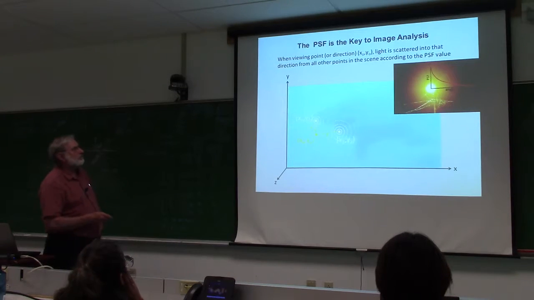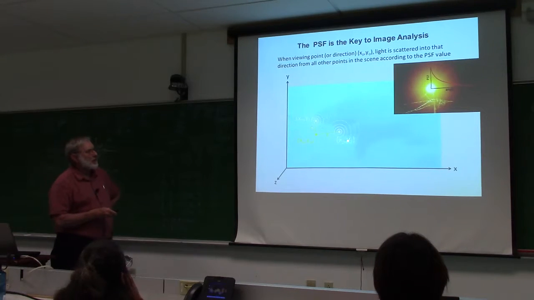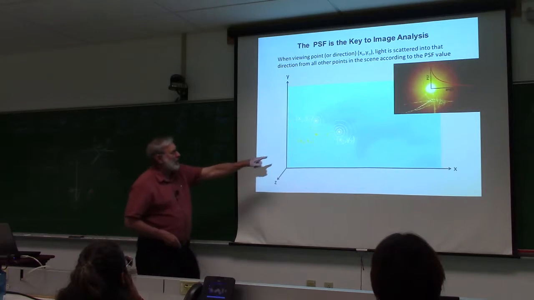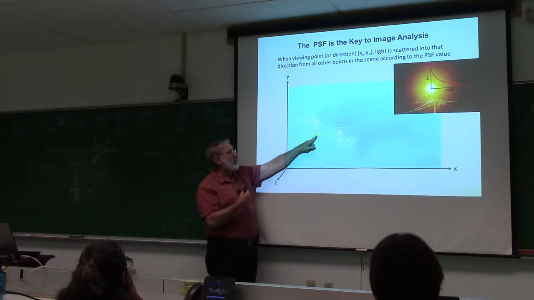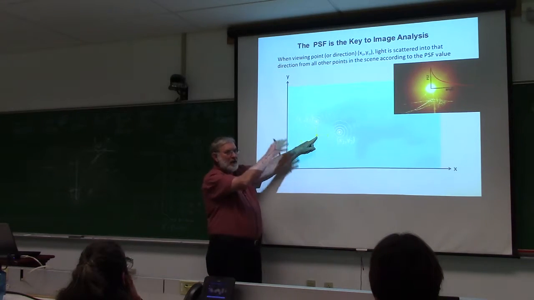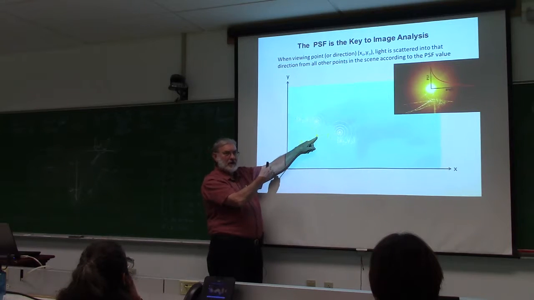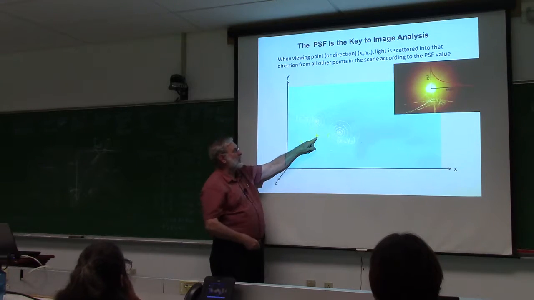So here's why the point spread function is important. You're looking at some object here, and you're looking in this direction right here. Well, you're seeing the light that comes from that direction, but you're also seeing light that comes from everywhere else according to whatever the beam spread function is.